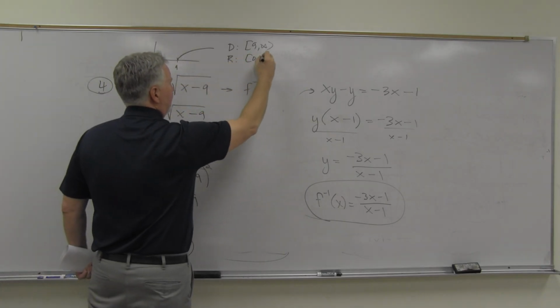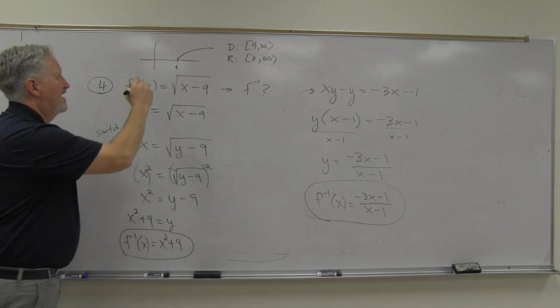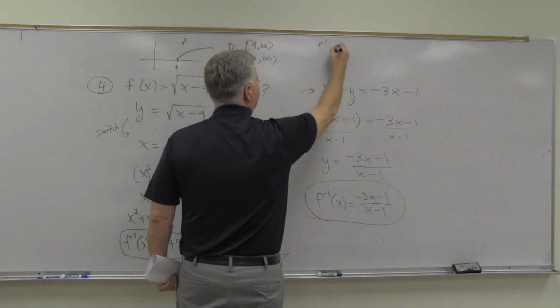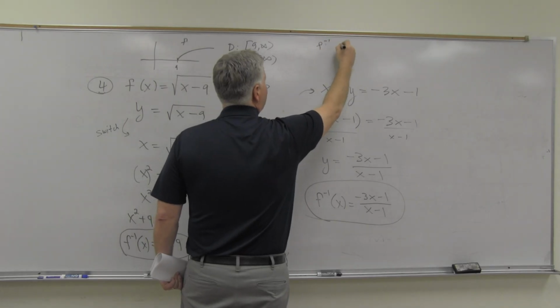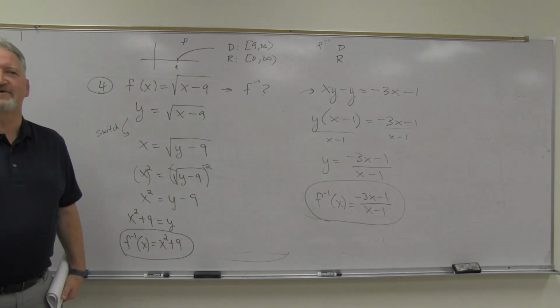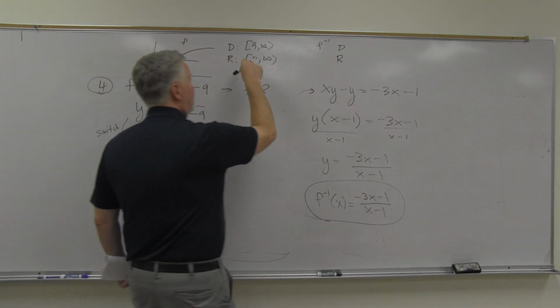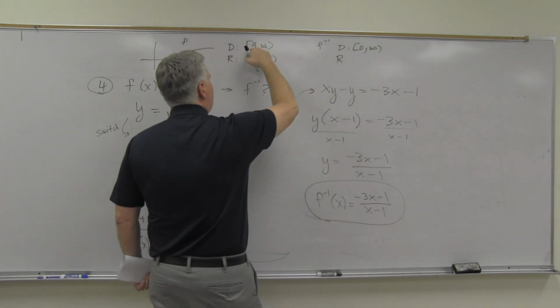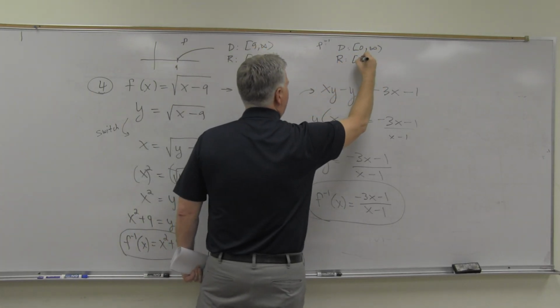Okay. Guess what? That's my f. Guess what my domain and range for f inverse is going to be? They're going to switch. The x's and the y's switch, so do the domains and ranges. So the range over here is the domain over here. The domain here is the range over here. Everything switches.